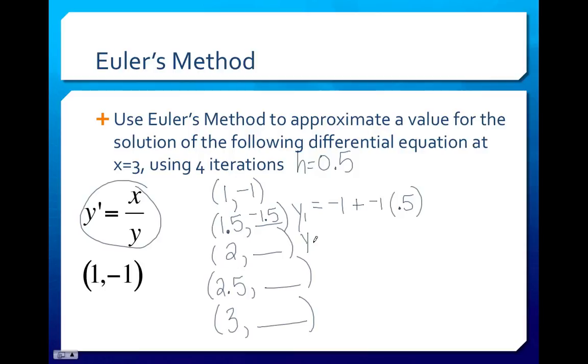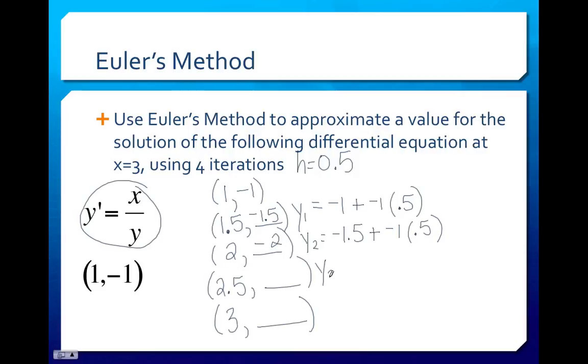I want you to pause the video and do the other 3 iterations and get your answer. All right, for my second iteration, I get y2 is equal to the previous point plus the slope based on the previous point, x over y, which is still negative 1, times 0.5. So I have negative 1.5 minus 0.5, that's negative 2.